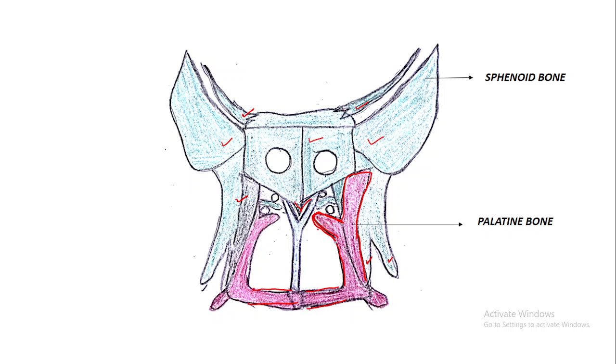In the middle, this bone is the vomer bone. Inferiorly, the vomer bone articulates with the horizontal plate of palatine bones on both the sides.